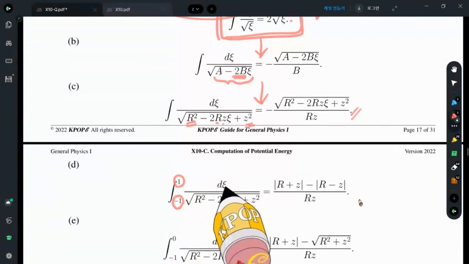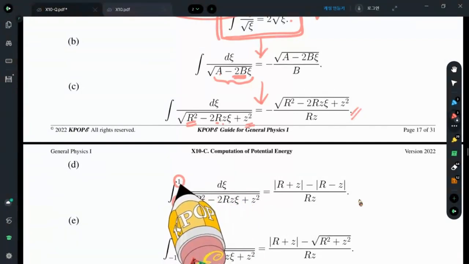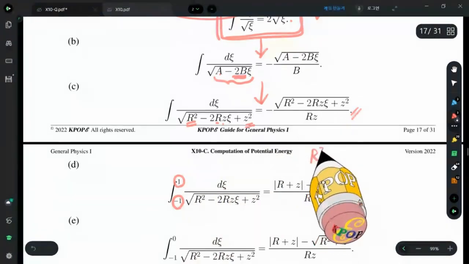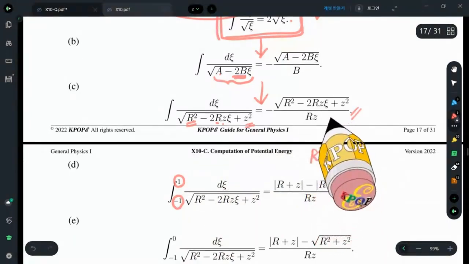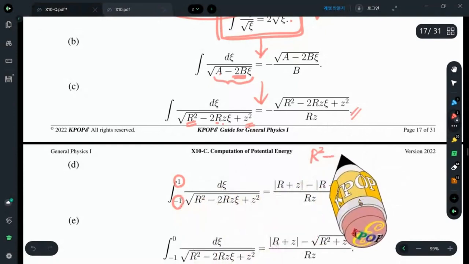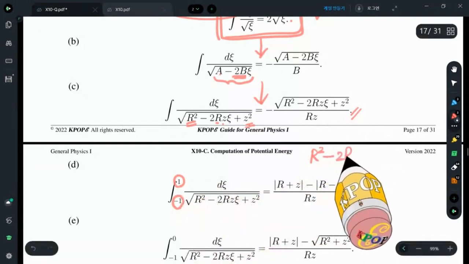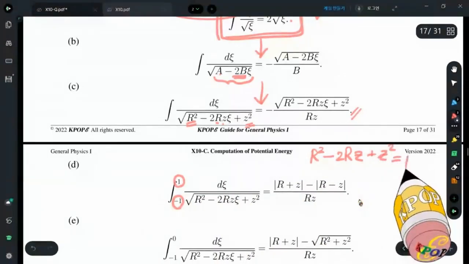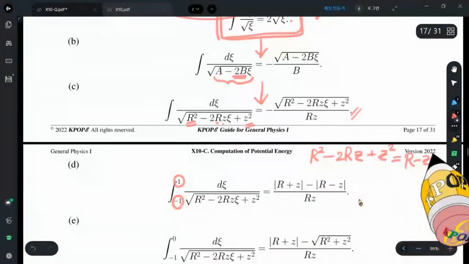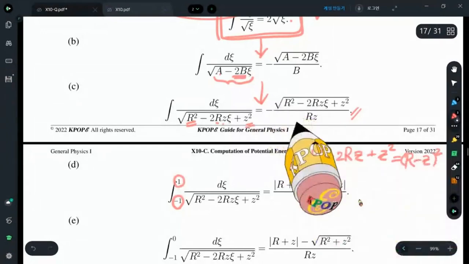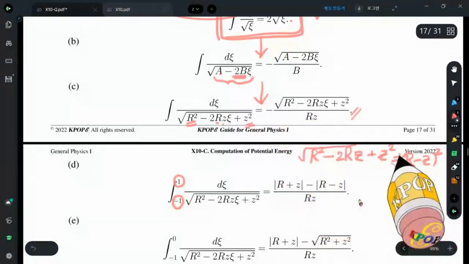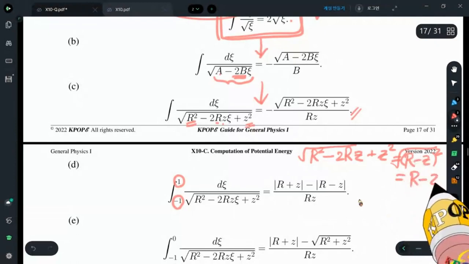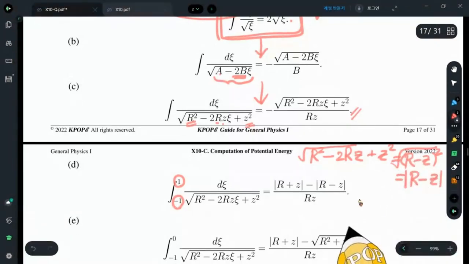For example, I substitute C equals 1 in here. What I find is R squared minus 1 minus 2RZ plus Z squared. Oh, it's nothing but (R minus Z) squared. And I need to take the square root. What is it? This is R minus Z in absolute value.